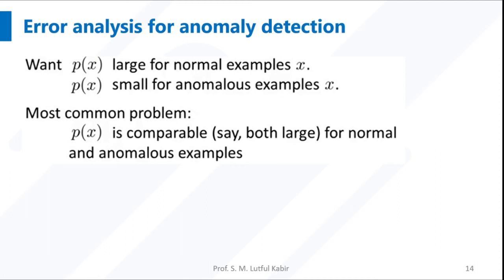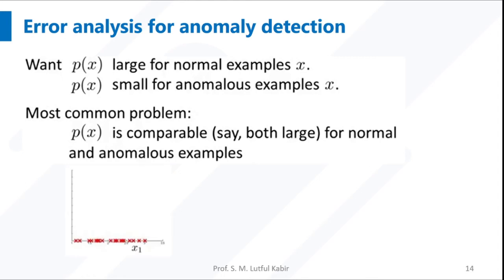The common problem is that p(x) may be comparable, say both large, for normal and anomalous examples. So if you know that one is a normal case and the other is an anomalous case, but p(x) is comparable, you cannot distinguish between the two.